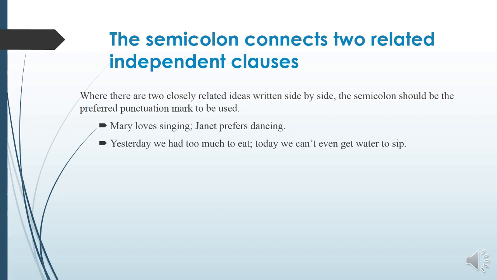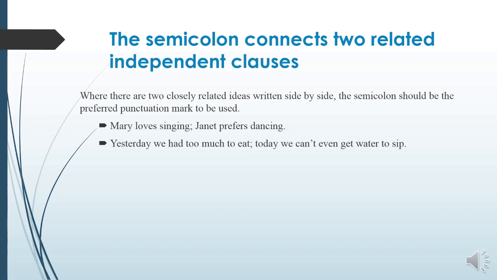If you use the full stop to separate them, then they will stand as two different sentences. But because of how closely related the ideas are, there's no need to use the full stop to separate them. Since you need to write them together, you use the semicolon to separate them.